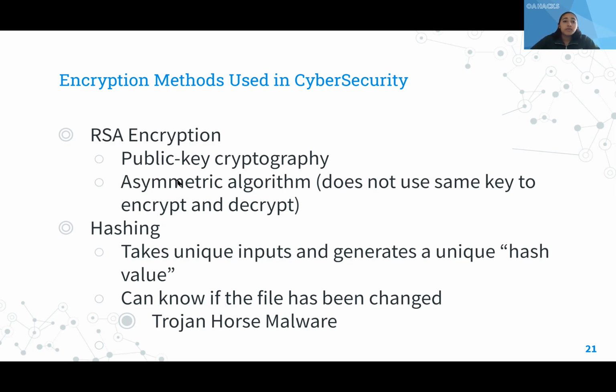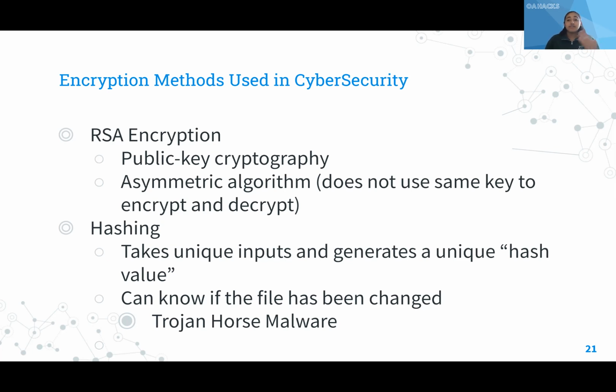And then the other way we use encryption in cybersecurity is through hashing. Hashing is basically when you encrypt things, for example a file. The file's hash is basically its unique identity. It's like your ID card if you're a file.